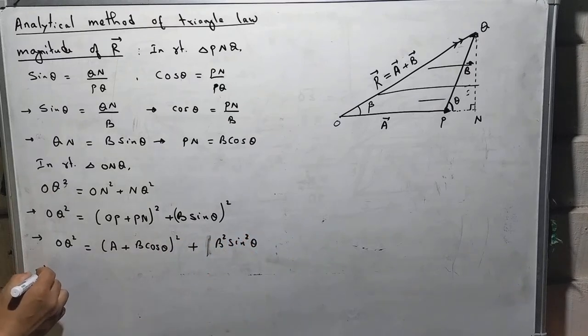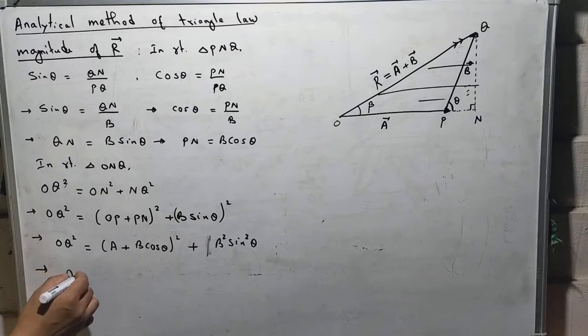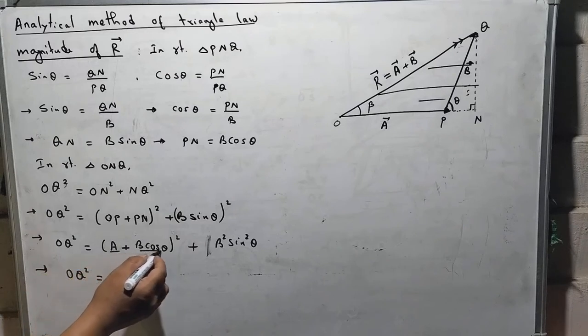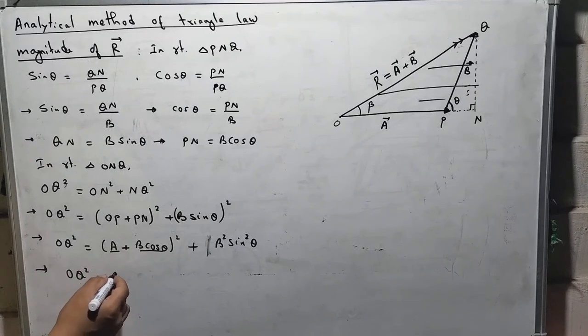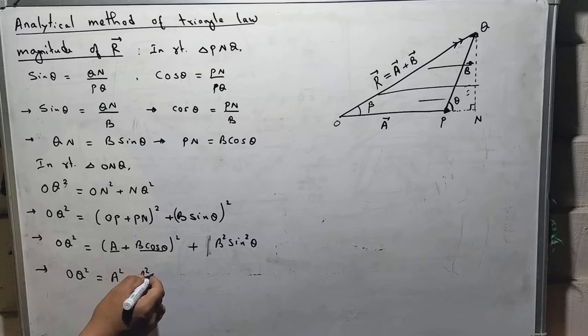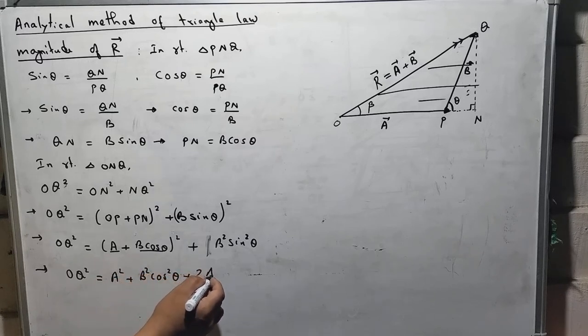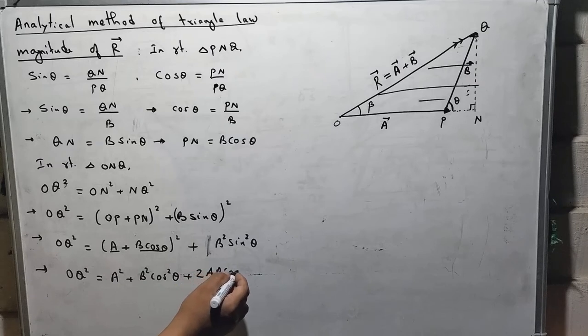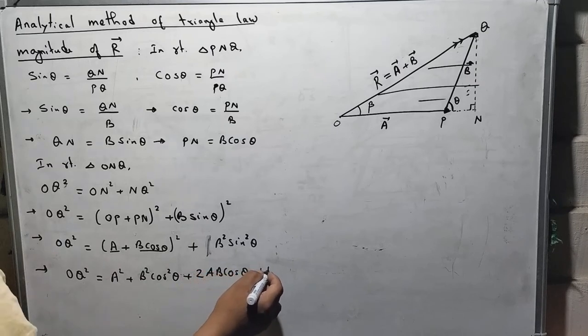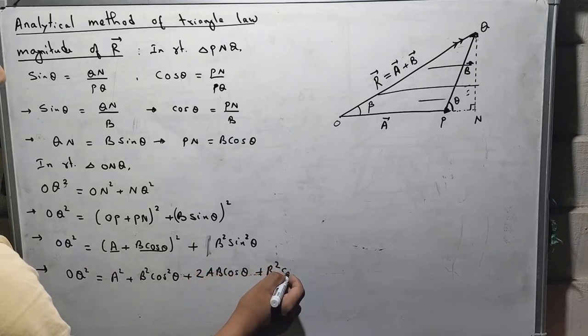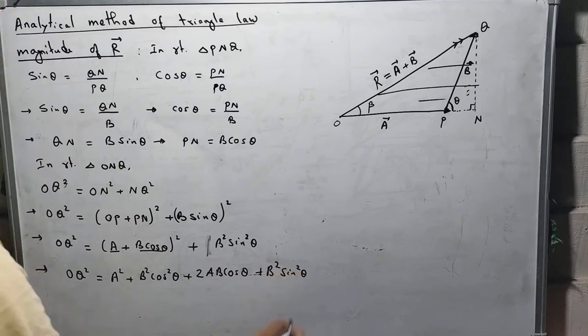Or OQ square is equal to, now applying the formula (A plus B) whole square, you'll get A square plus B square plus 2AB cos theta plus B square sine square theta.